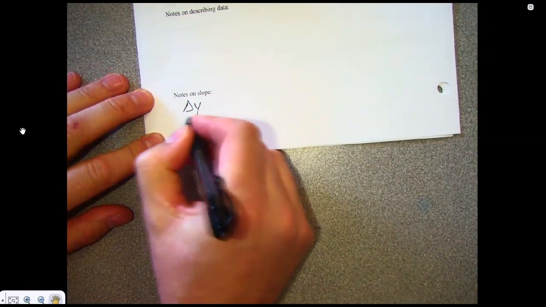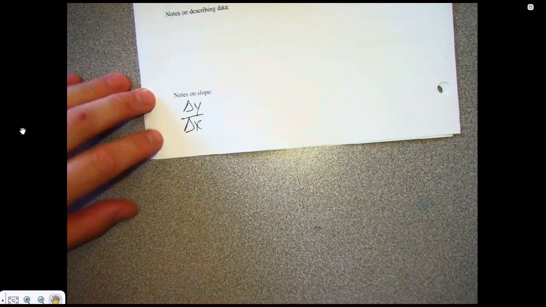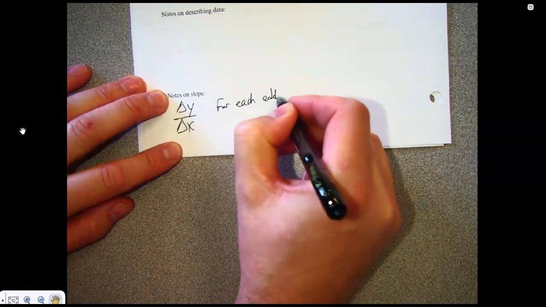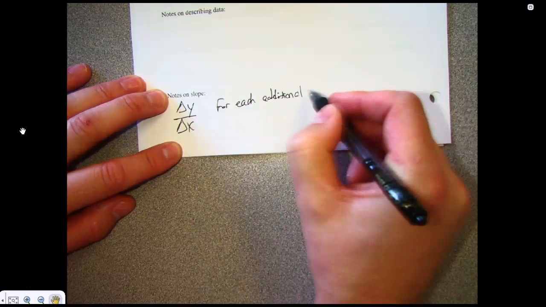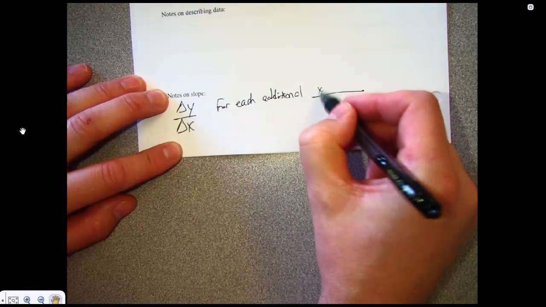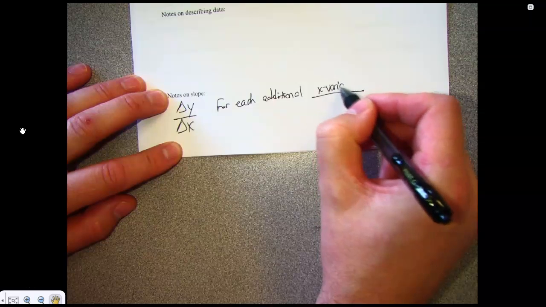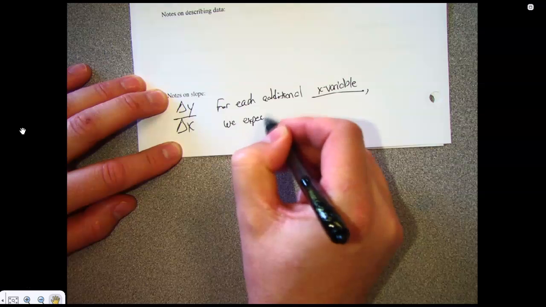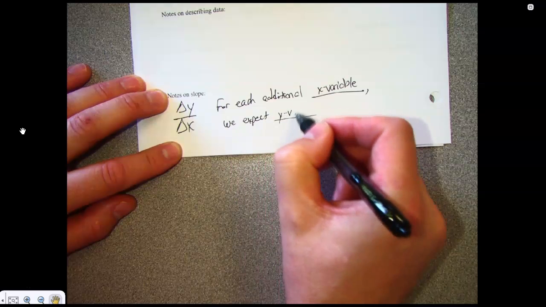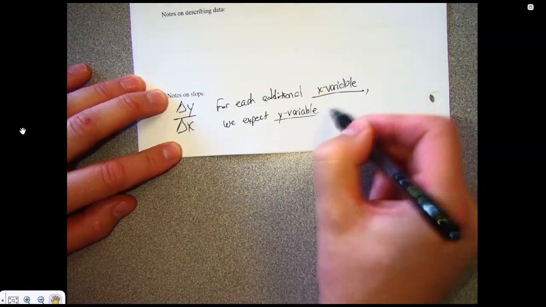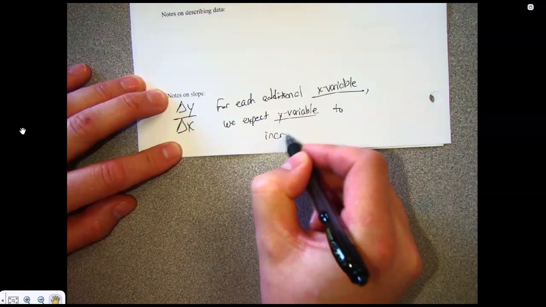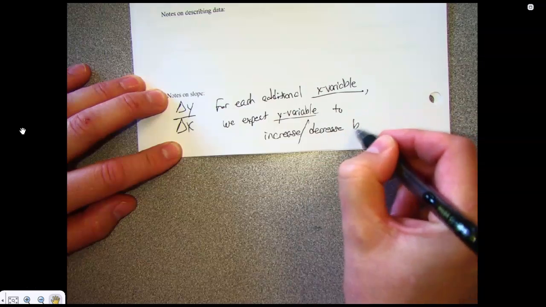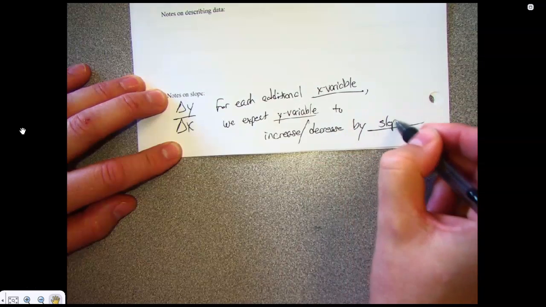I'm going to think about it as changing y over changing x. And I'm going to say for each additional x variable, we expect whatever the y variable is to increase or decrease by whatever the slope is.